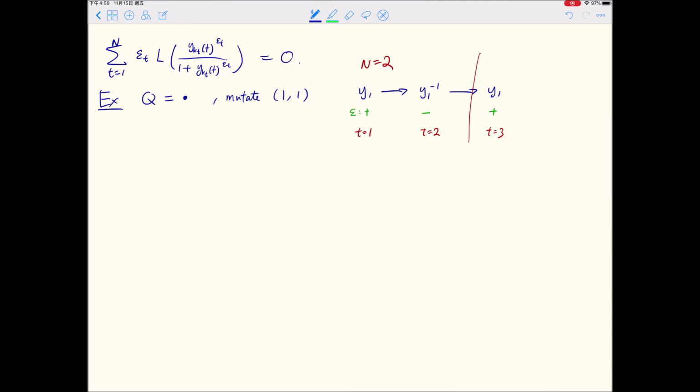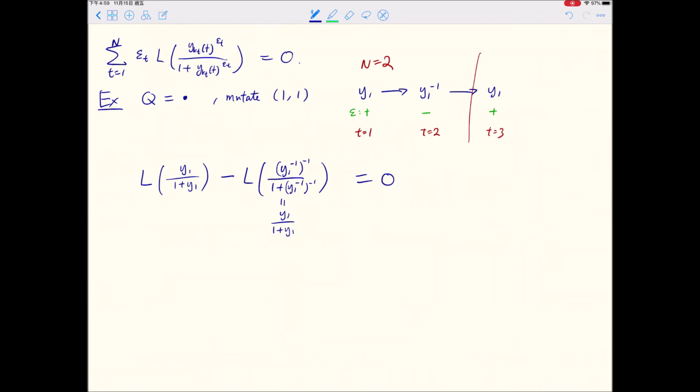Then if you just rewrite, you will see that the first term is L of y1 over 1 plus y1, and in the second term you have minus epsilon, so minus, L of y1 inverse over 1 plus y1 inverse, but you also have the epsilon sign, which is minus. So in fact this is the same as the first term, so you get 0. So this is really a trivial identity. It just says that two same expressions cancel. Right.